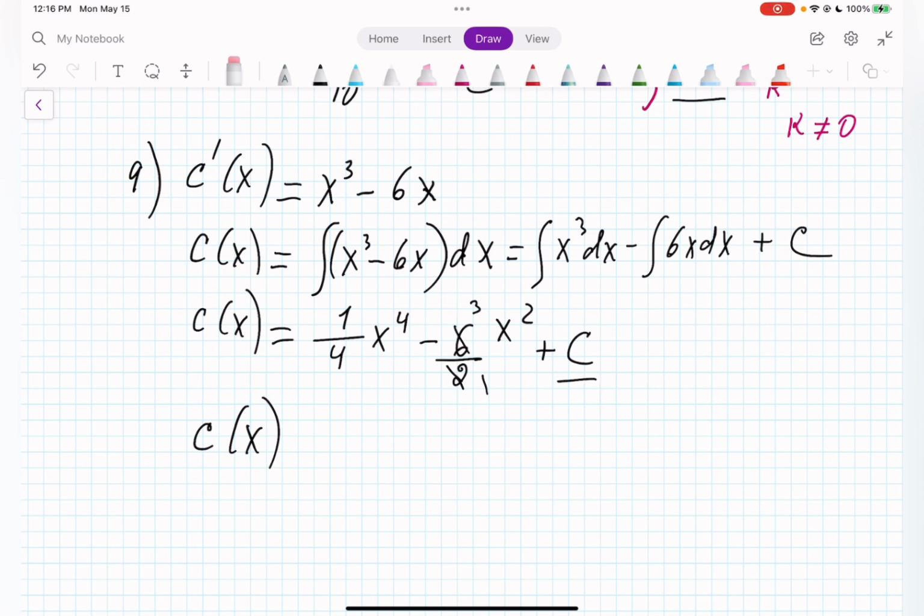This one is a function C of X, and this one is constant. Okay? So C of X is equal 1/4 X to 4 minus 3x squared, and plus our C was 2,000, right? Okay, so this is our answer.